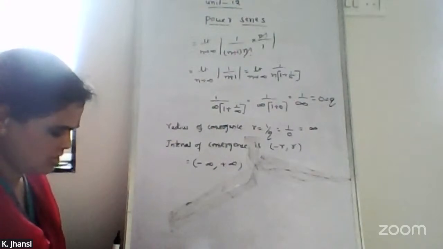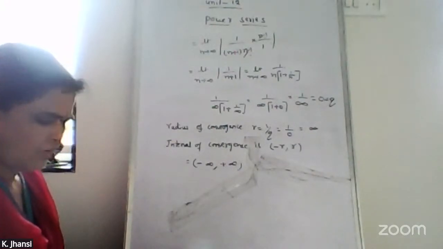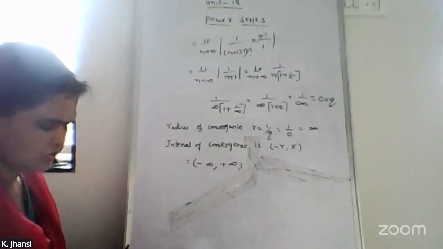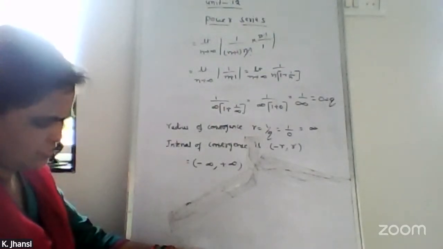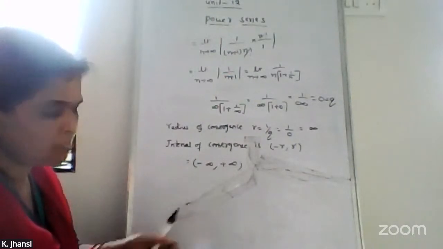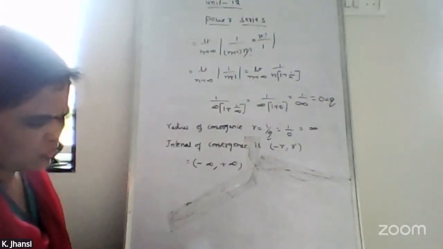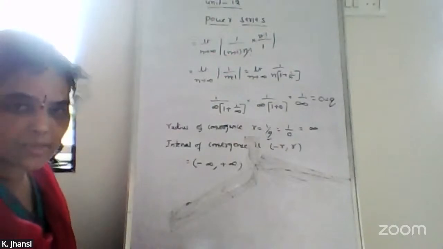So check your progress. It is there. And one more example problem we have. So you can see all the exercise problems wherever it is there, and you can solve those. Many exercise problems are there.